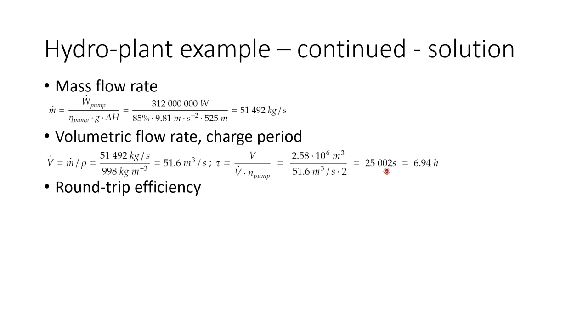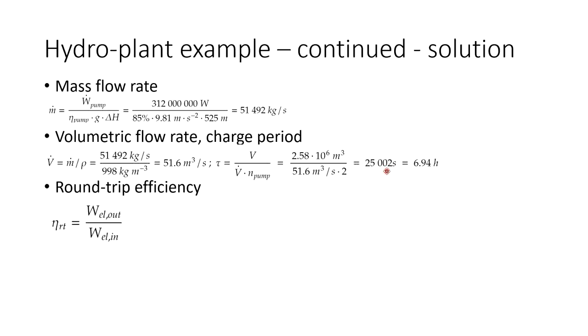And the last and probably most important is the round-trip efficiency of this system. So the round-trip efficiency is the work that we get out of the storage plant divided by the work input into the storage plant. It's work, not the power input. So it's in joules or megajoules, kilowatt hours, megawatt hours, these units, not in kilowatts.